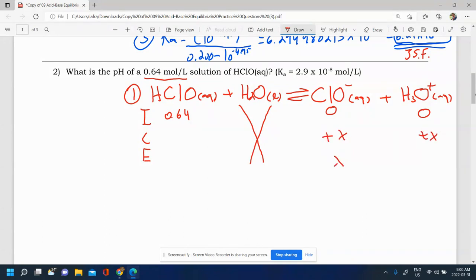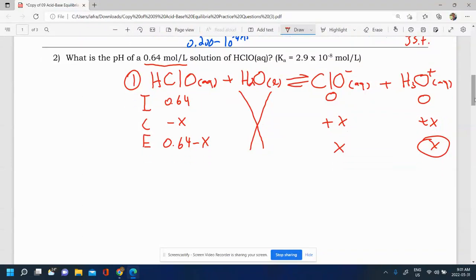You know that already. So our result will be x and x. Here we'll have minus x, and we don't know what that is because we don't know how much ionizes, but the end will be 0.64 minus x. So our goal is to find this x value, so that way we can do the negative log of that x value, which is the H3O plus. So we need to solve for x.